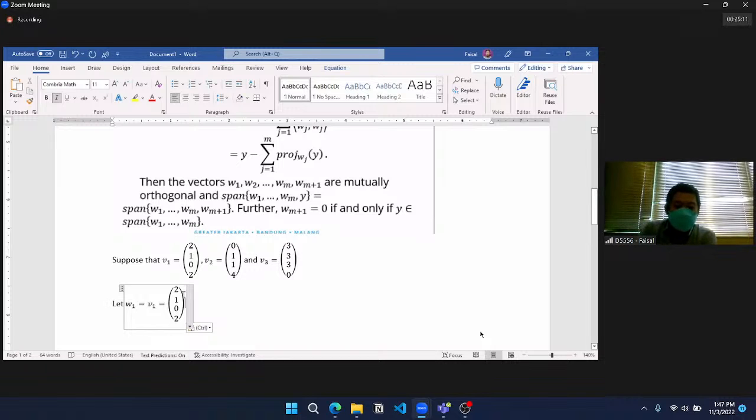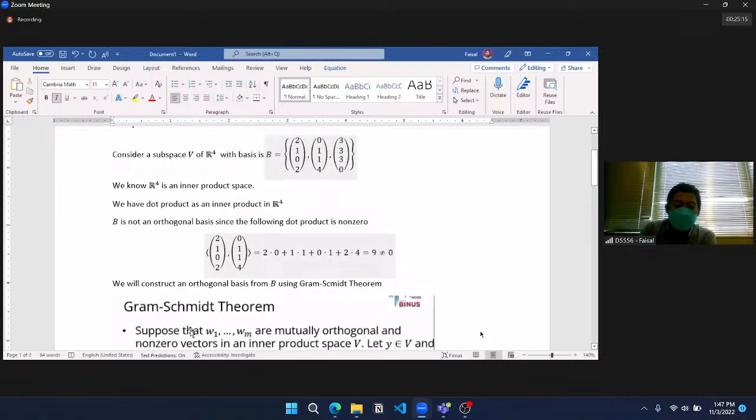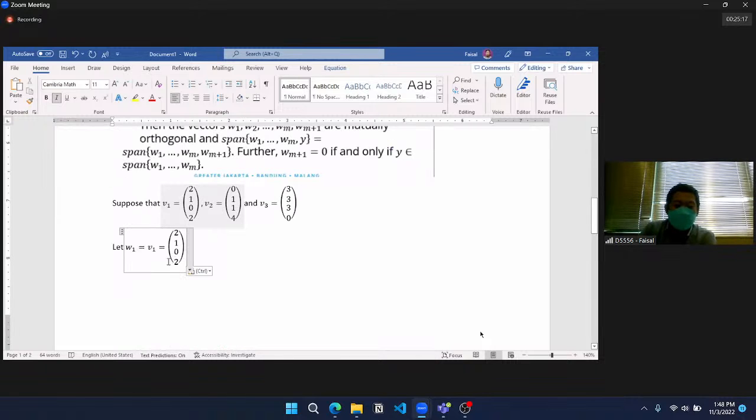So you can choose any one of the vectors in B for the W1.